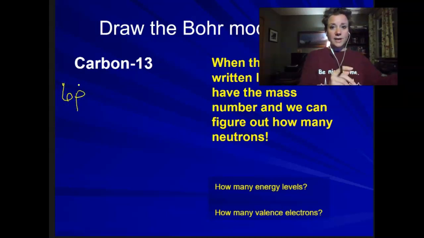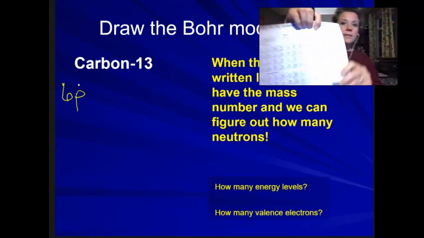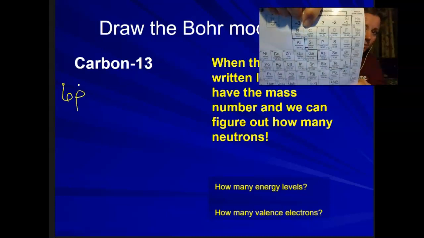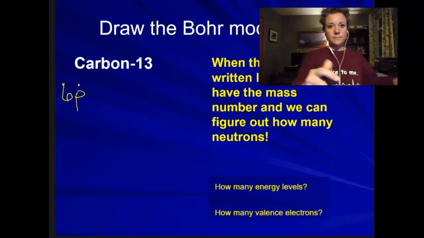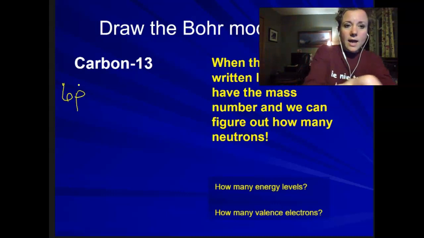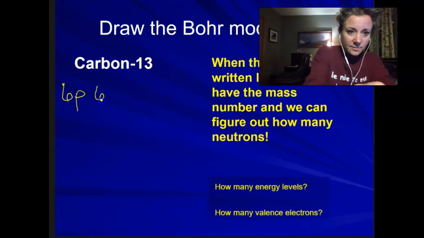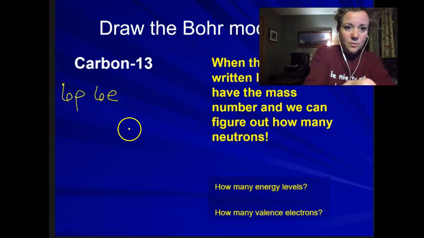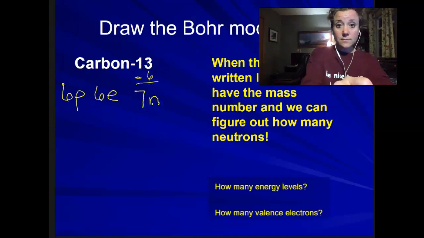And if you're wondering, how did I know that? It's the atomic number on our periodic table. I have 6 electrons, because protons and electrons have to equal. And I have 13 minus 6 neutrons, so that means I have 7 neutrons.